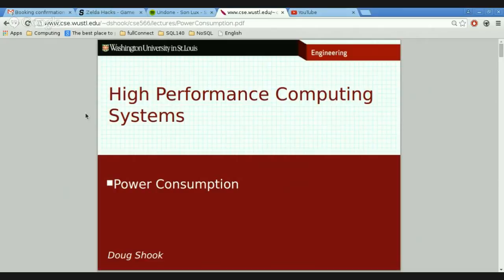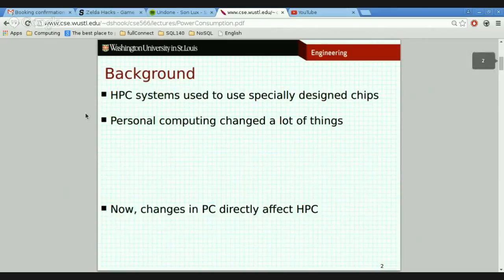Okay, let's talk about power consumption. Just to give us a little bit of background as to this particular discussion, the first thing that's important to know is that, for most of the history of high-performance computing, the chips that were being used were specially designed for high-performance computing.